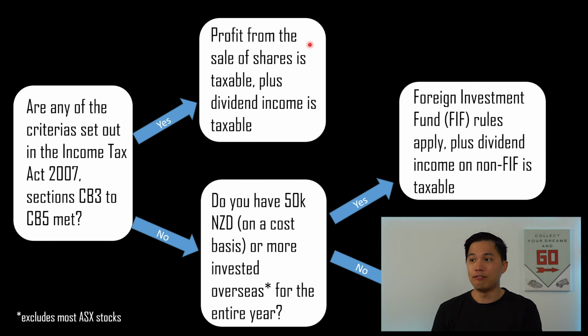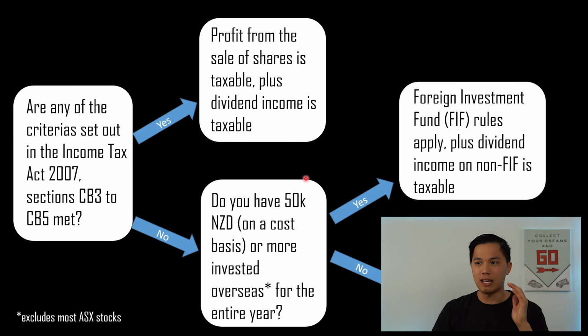But vice versa, if you've made a loss on your shares, then you'll be able to deduct that against your gains. Another benefit of being a trader is that you'll generally be able to deduct any costs involved with buying or selling shares, such as your brokerage fees. Now, I say generally because it might not apply to all situations, so if you are a trader and you need clarification, be sure to seek out advice from a tax accountant.